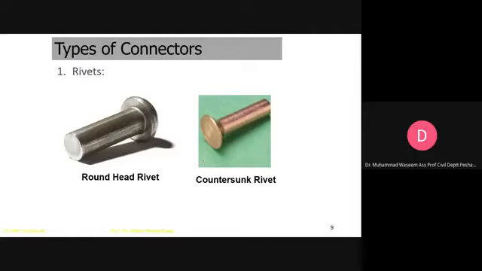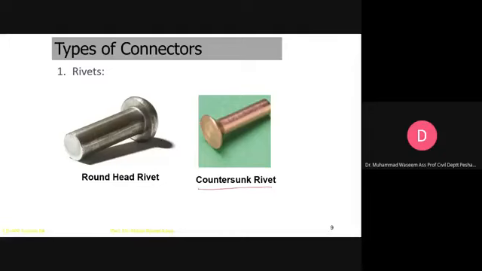There are different types of rivets, like the round head rivet. You can see this is an example, a picture of a round head rivet. We have the countersunk shank rivet, the one that does not have a rounded head.